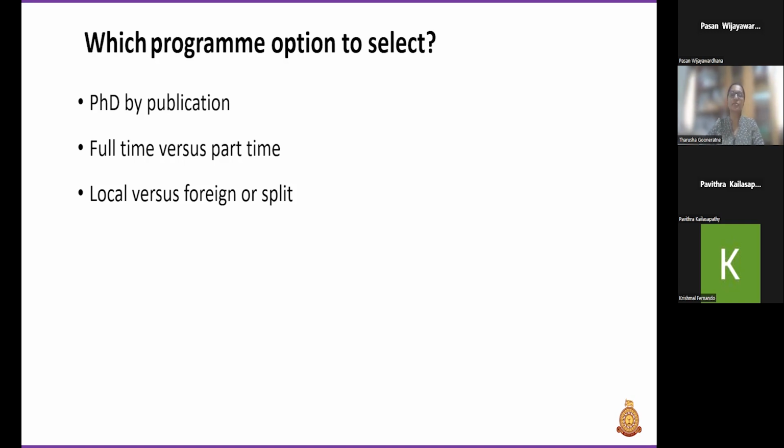And since we are getting study leave also, doing it full-time will be very beneficial, because when it's part-time, of course, your attention gets drifted and devoting quality time and effort becomes a problem. So if you can, that's what a lot of us, from Pavithra Miss to many of us, did: a full-time PhD. Then you're really focused on it and you can quickly finish it and come back.